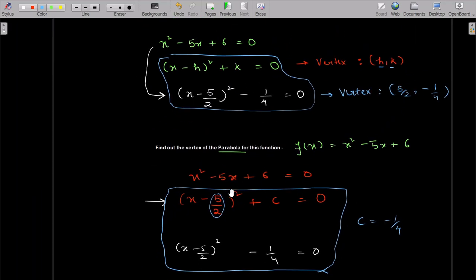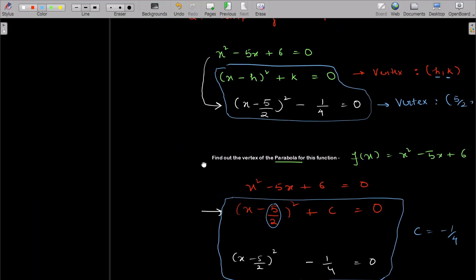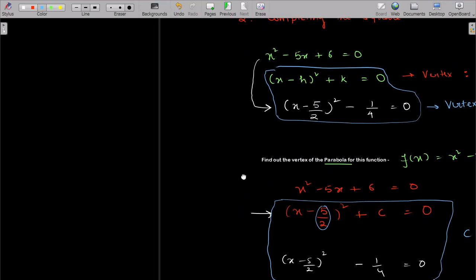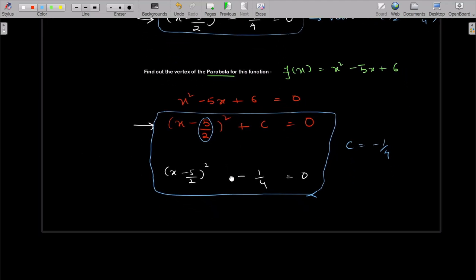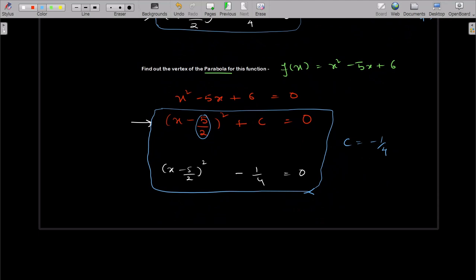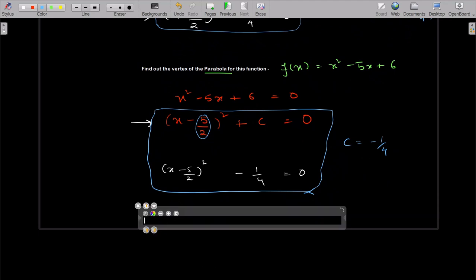Okay. The third way the question can be asked, so we have done two ways, is: what will be the minimum value of this function? I'm writing it here. That's the third way. What will be the minimum value of the function?